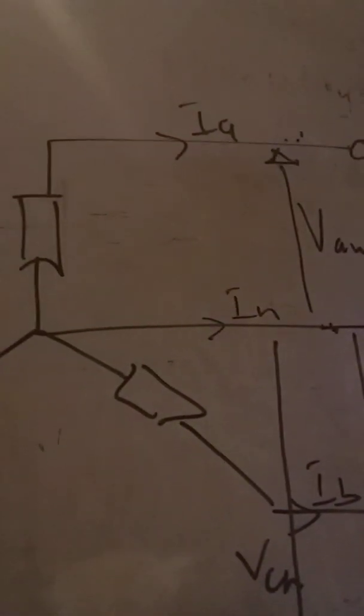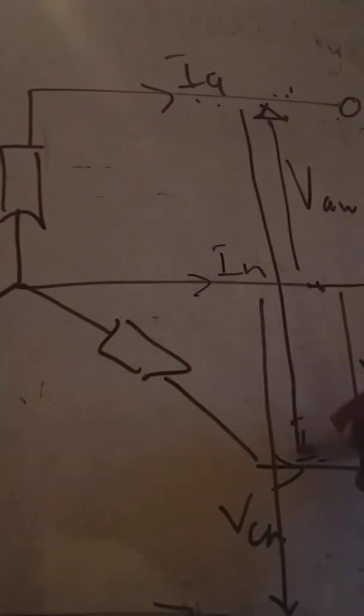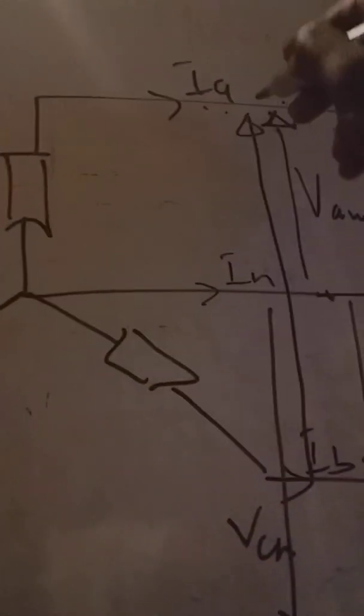Now, our line voltage will be between the lines, which is between line A and B, we have VAB. Between line B and C, we have VBC.